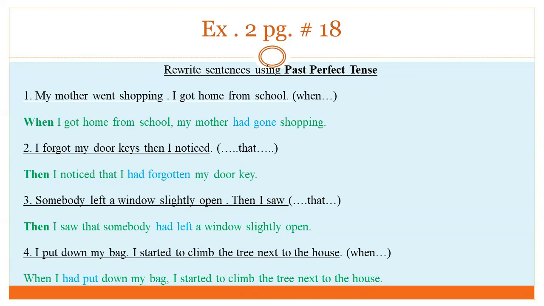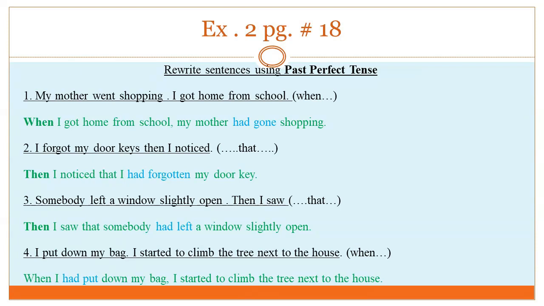You can see in your books we are given in the brackets when and then 3 dots. You can also look at the screen. If when is given at the front and 3 dots are after that, we will put when at the start of the sentence. It would be when I got home from school, my mother had gone shopping.